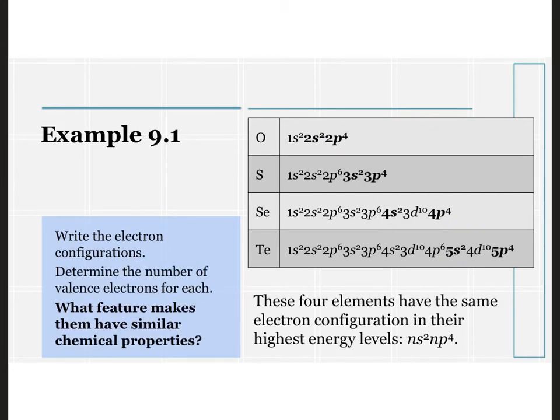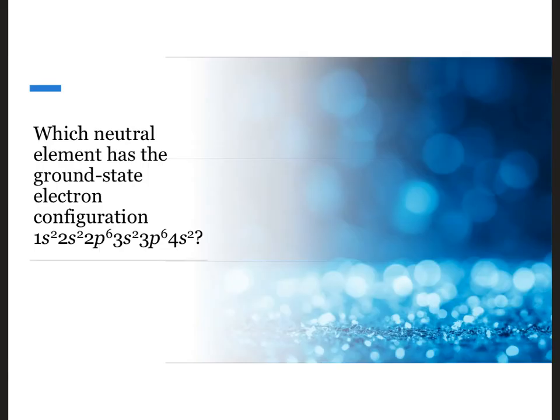Finally, the feature that makes oxygen, sulfur, selenium, and tellurium behave in a chemically similar manner is having the same number of valence electrons. Here's another question. Which neutral element has the ground state electron configuration 1s2, 2s2, 2p6, 3s2, 3p6, 4s2?